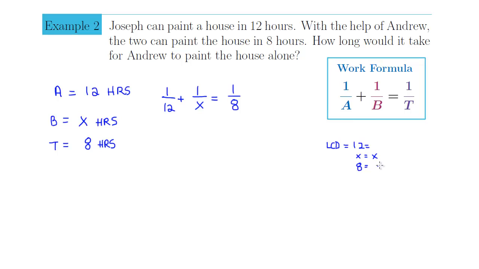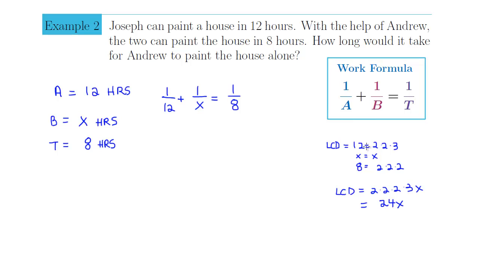And if we break these down into prime factorizations, 8 is 2 times 2 times 2, 12 is 2 times 2 times 3, and our LCD must contain 3 factors of 2, 1 factor of 3, and an X. That tells us that our LCD is simply 2 times 2 times 2 times 3, or 24X.